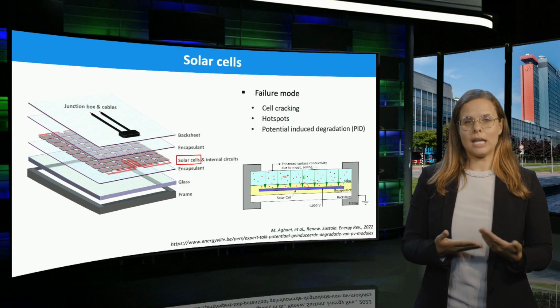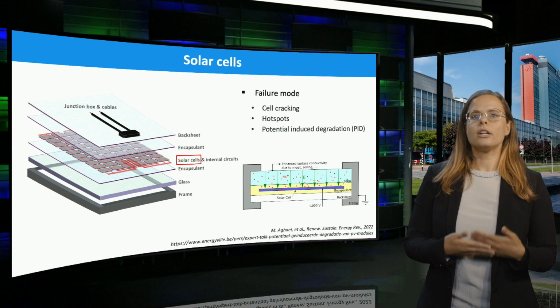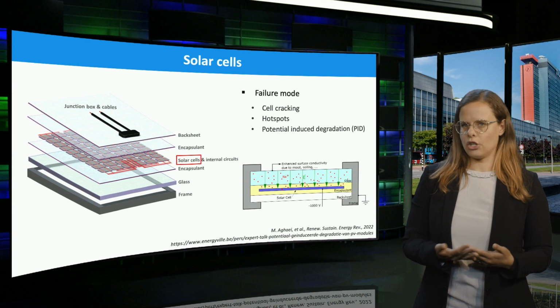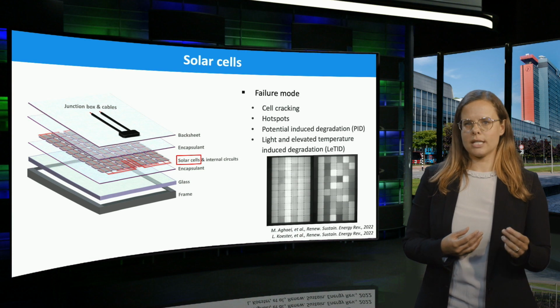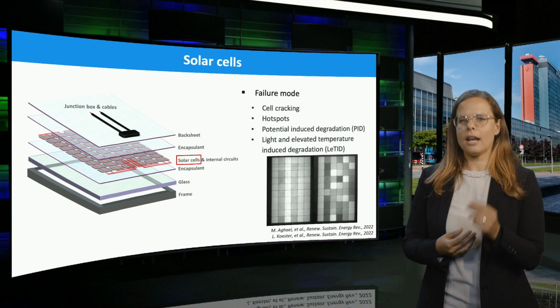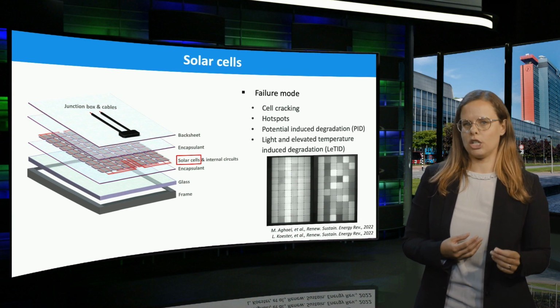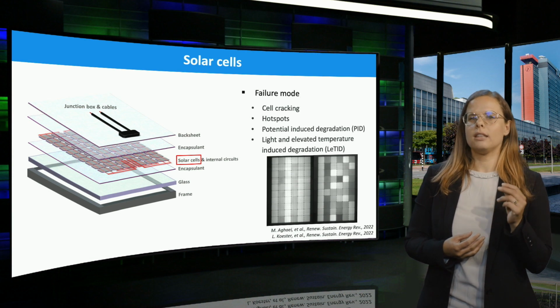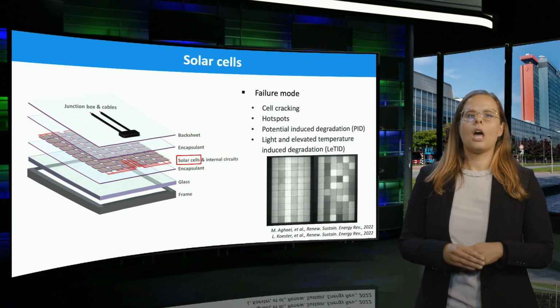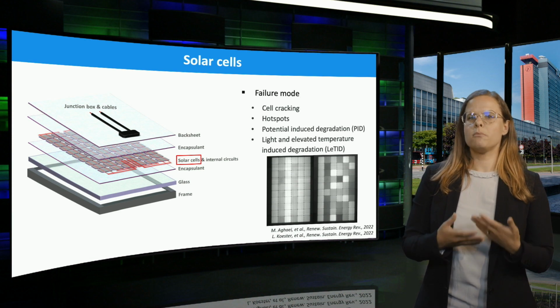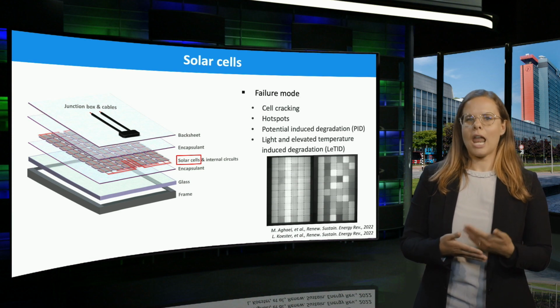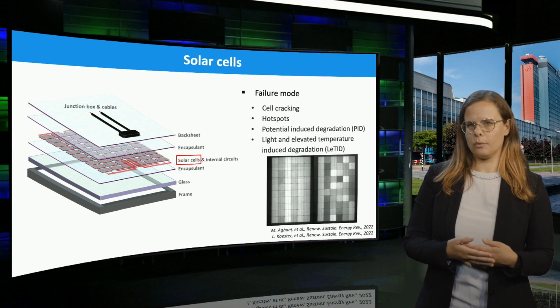Strategies to mitigate PID phenomena are discussed in the listed literature. The last important failure mode of solar cells is light and elevated temperature induced degradation, or LETID for short. The bottom right figure shows an EL image of a PV module before and after light and temperature induced degradation.